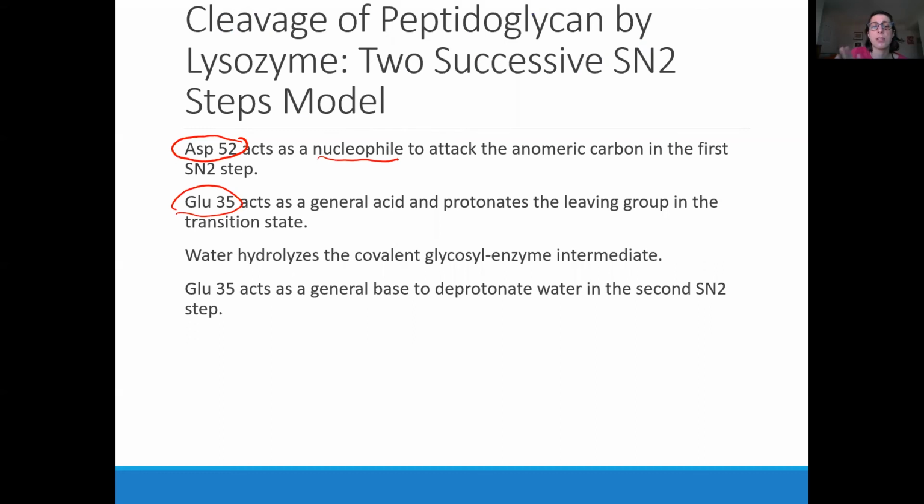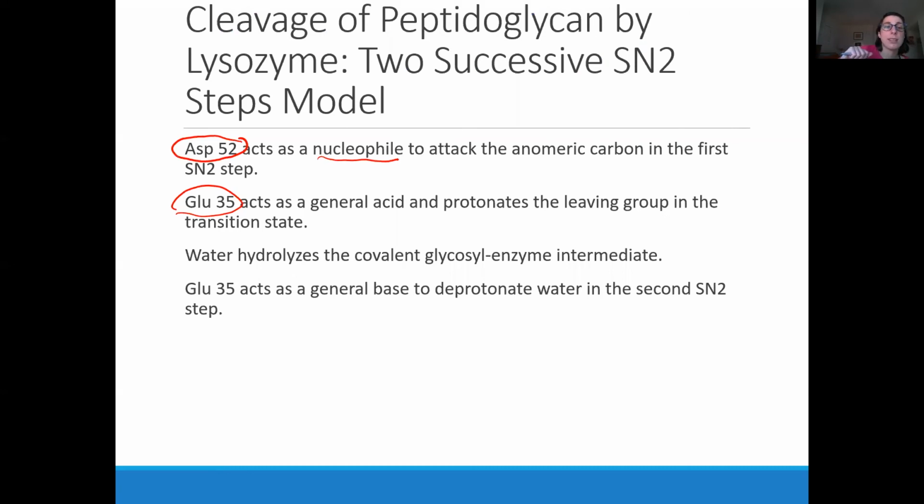Eventually, in the end, water is going to hydrolyze out the intermediate where we have the sugar kind of bound into the enzyme, leaving us with just our product and essentially regenerating part of the enzyme.